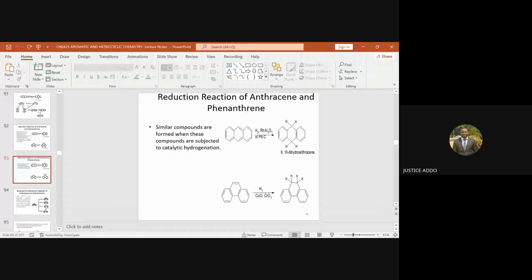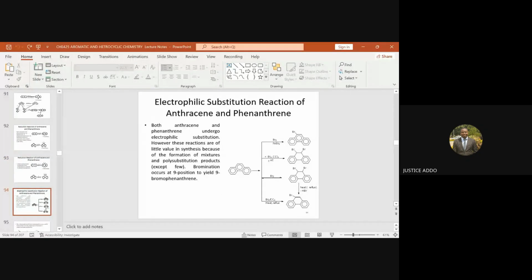So more examples of reduction reactions. And we have bromination, okay, where you are introducing bromine. If it is just one, then you use bromine in Lewis acid. If it is to form a dibromo compound, then it's like the alkene doing bromination.